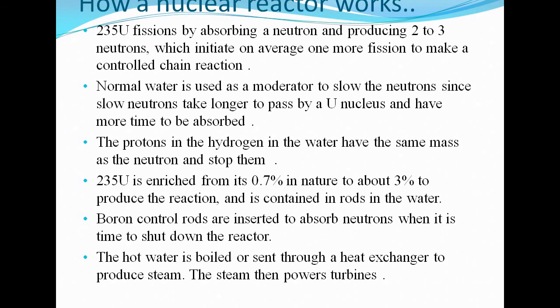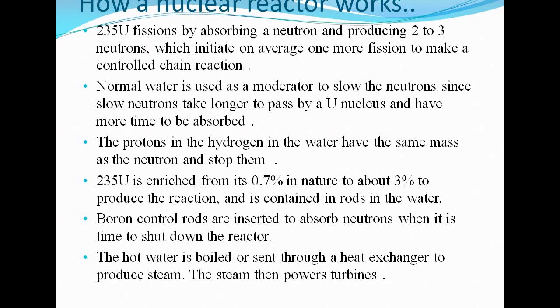So normal water is used as a moderator, and the function of a moderator is to slow the neutrons. The protons in the hydrogen in the water have the same mass as that of a neutron, and so they stop them.